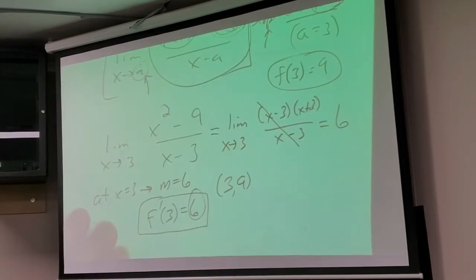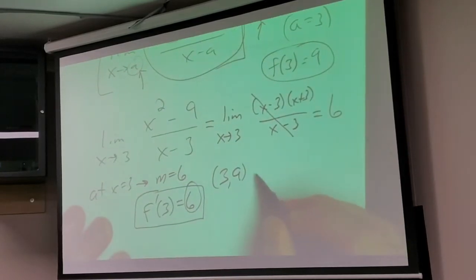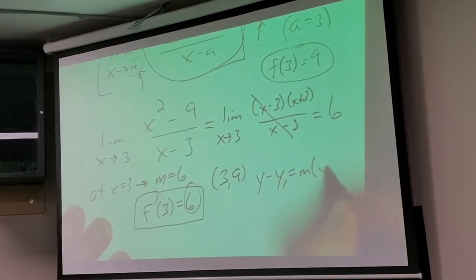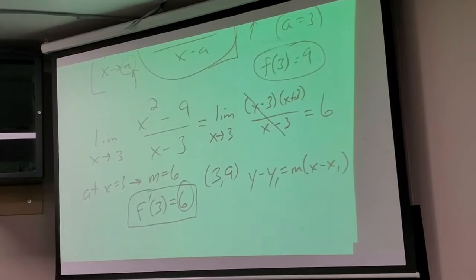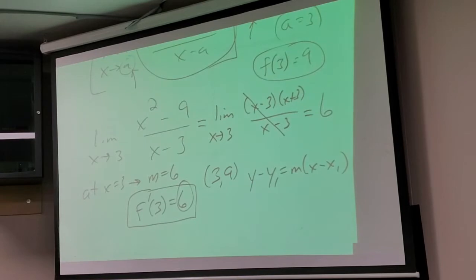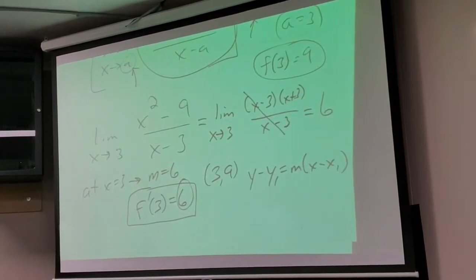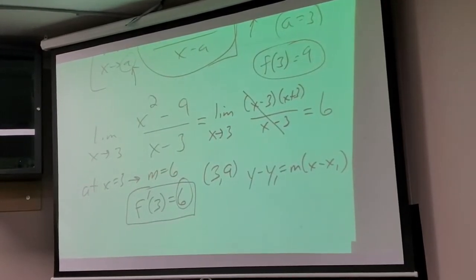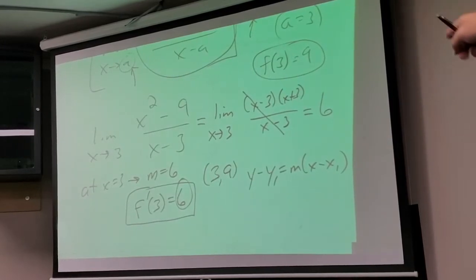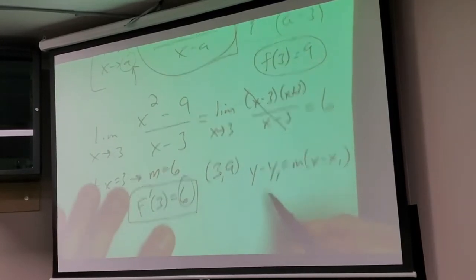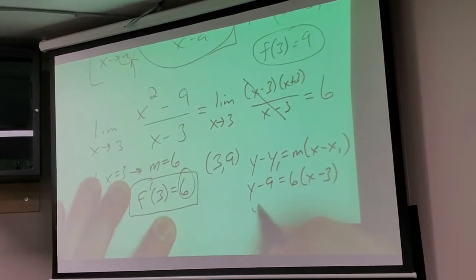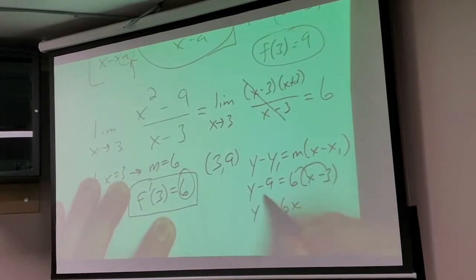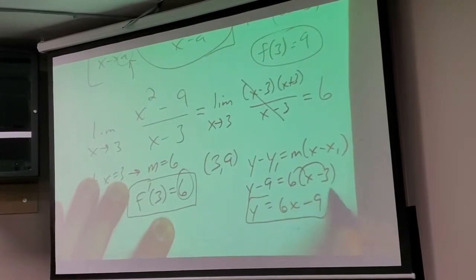And the slope is 6. So can't I do this beautiful little... And of course, you could also set up mx plus b and solve for b. Either way. I try to throw this one at you more often because later this semester, this is going to become kind of huge. It's not going to look exactly like that, but we're going to build something based on this. So y minus the y value equals 6 times x minus the x value. 6x minus 18 plus 9. Shaba!